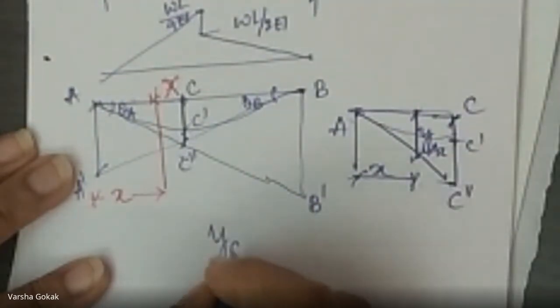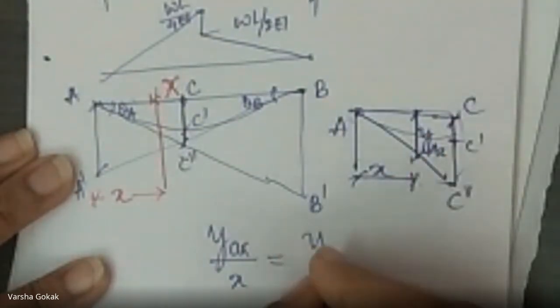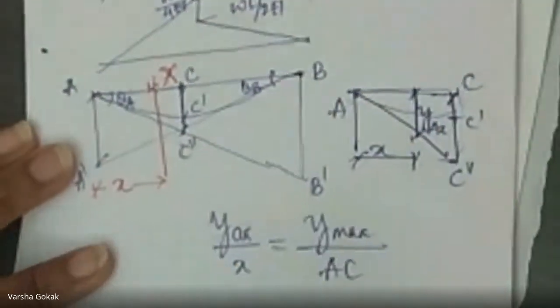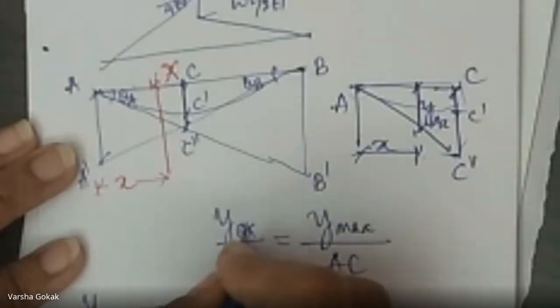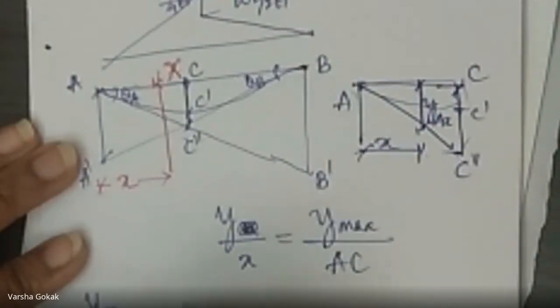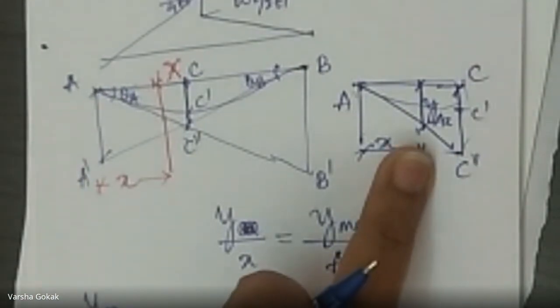So Y_AX divided by x is going to be equal to y max, that is the deflection we have calculated, divided by AC. This distance is AC. So Y_AX by x, or y by x, you can still call it y, later we will name it as Y_AX. y by x is going to be equal to y max. Yesterday we found the value of y max. What was the value of y max yesterday?